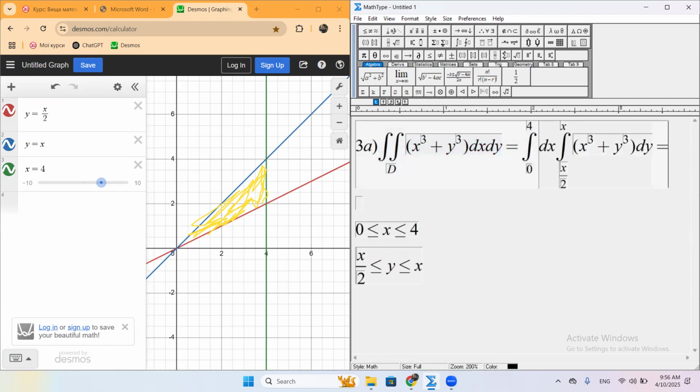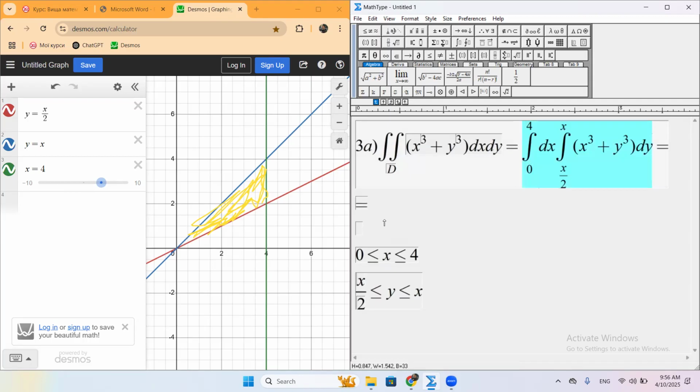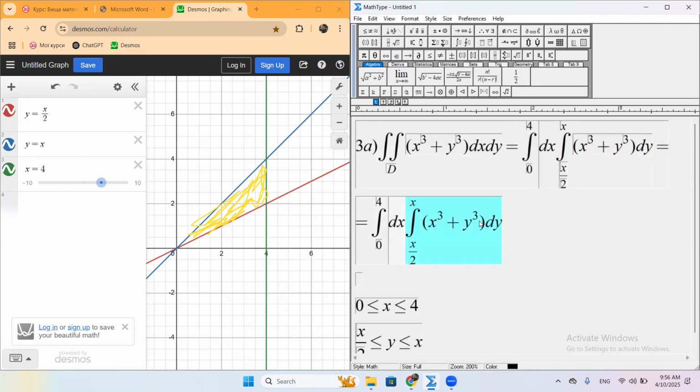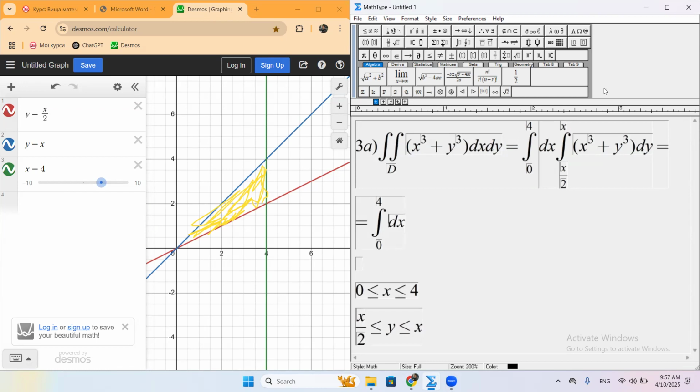So now let's calculate like a usual integral. What will we have? When we integrate by y, x will be taken as a constant, analogously to partial derivatives in this case. Let's calculate the antiderivative. We will use the same Newton-Leibniz formula.